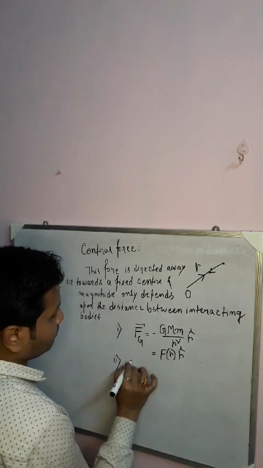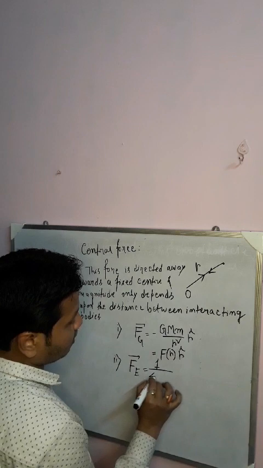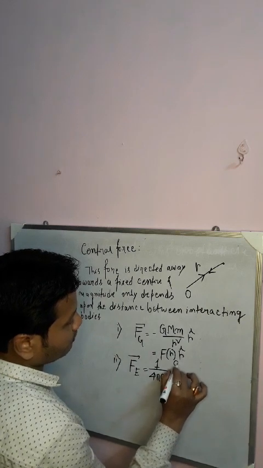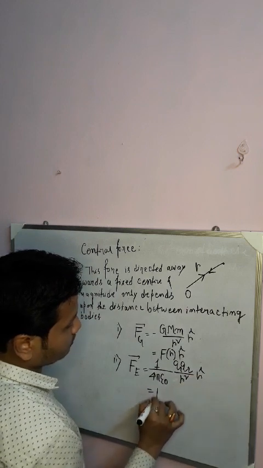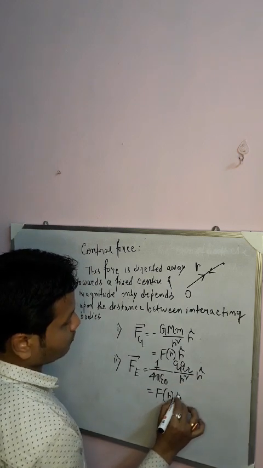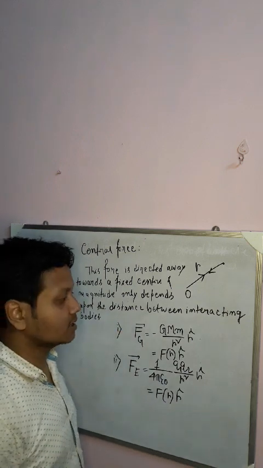Another example is the electrostatic force, which can be written as 1 upon 4 pi epsilon naught q1 q2 by r square into r cap. So this can be written as f of r into r cap. So gravitational and electrostatic forces both are central forces.